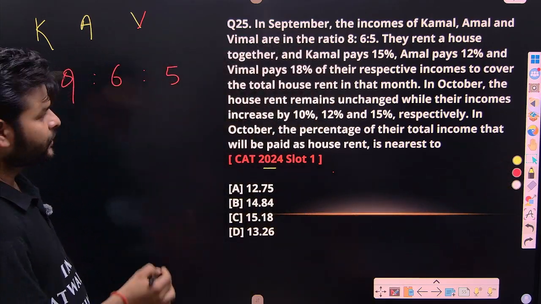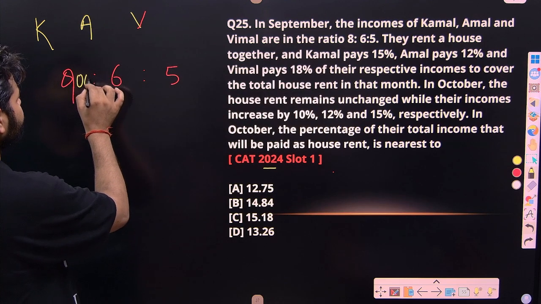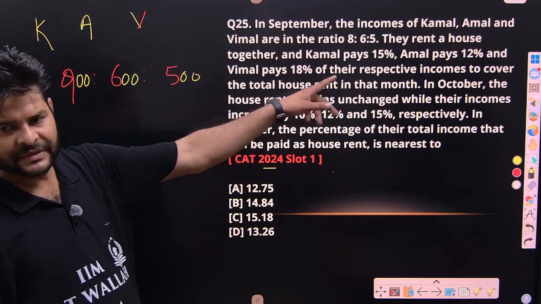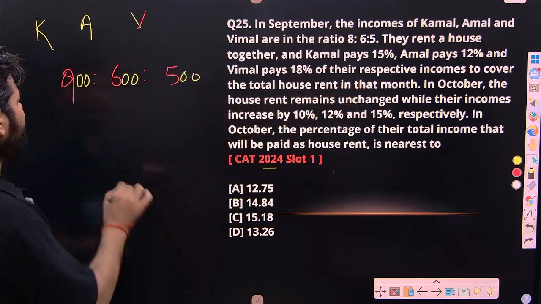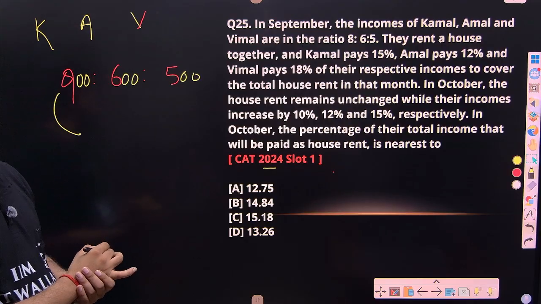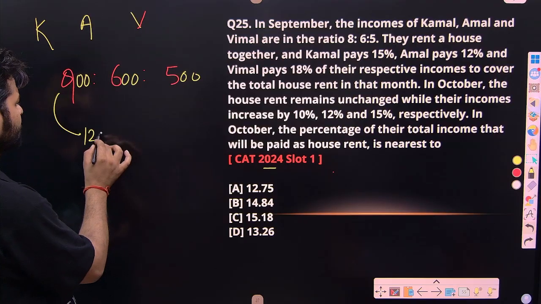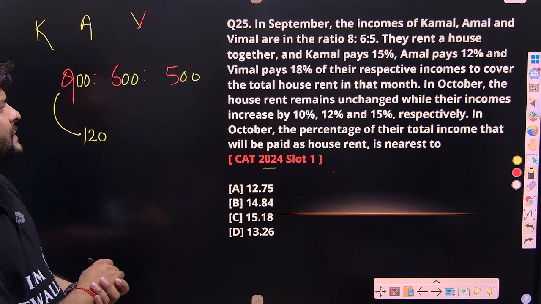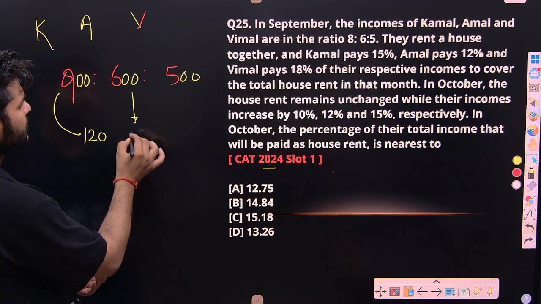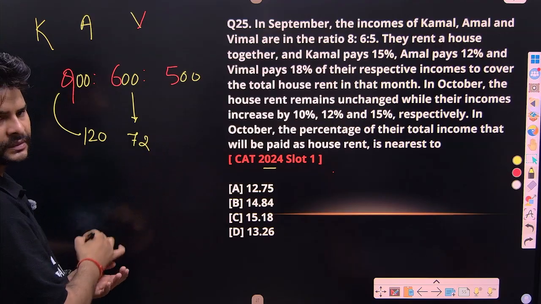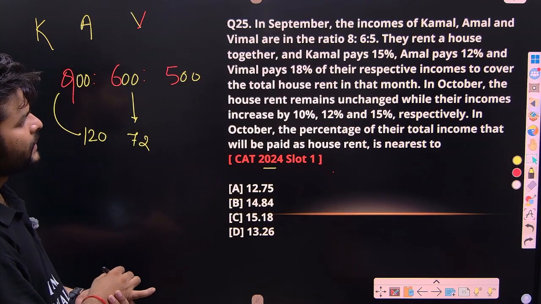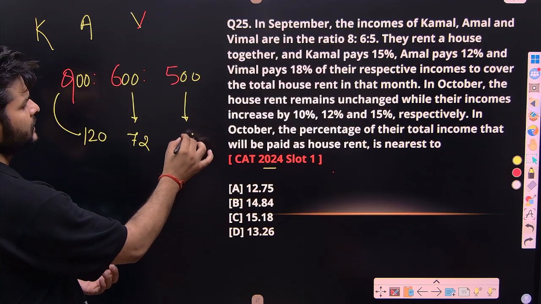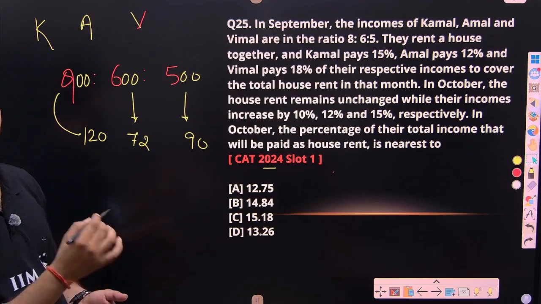So what do we need to do? Add zeros: 800, 600 and 500. Kamla pays 15%, so 15% of 800 would be 120. And Amla pays 12%, so what would 12% be? 72 rupees. And Bimla pays 18%, so what would 18% be? 90. This is the actual rent.